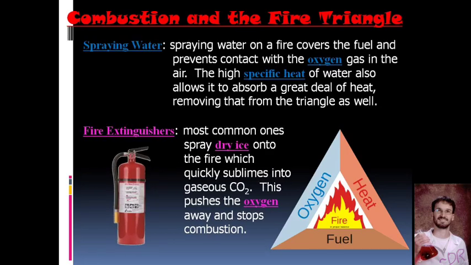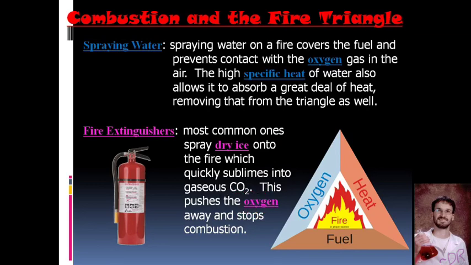Fire extinguishers work. There are 3 different kinds of fire extinguishers, and you use different kinds for different types of fire. But the most common kind that you'll come across has dry ice in it. It has solid CO2, solid carbon dioxide. When you spray it, that solid quickly sublimes, so it goes from a solid to a gas. And CO2 is more dense than oxygen gas.